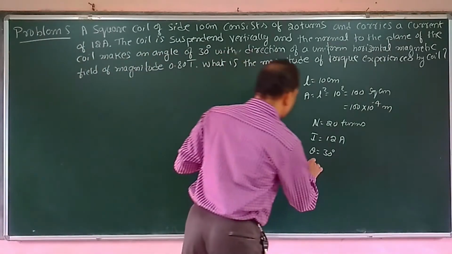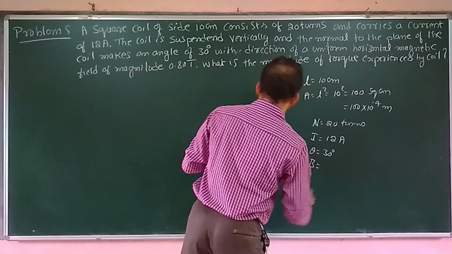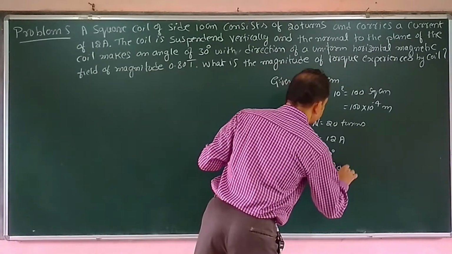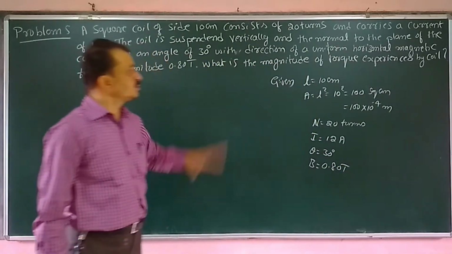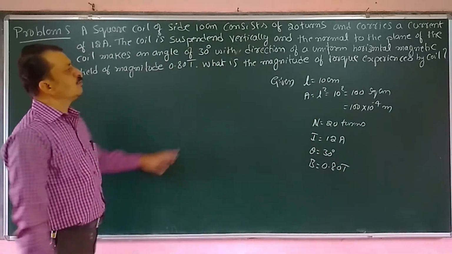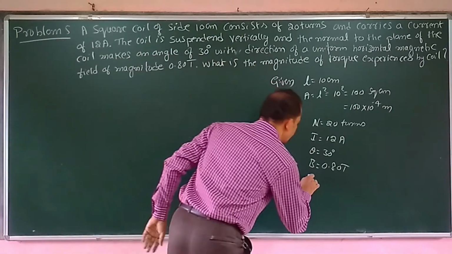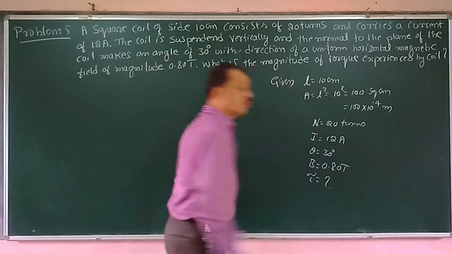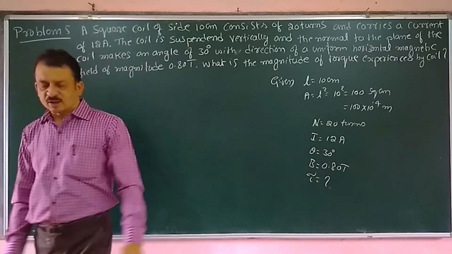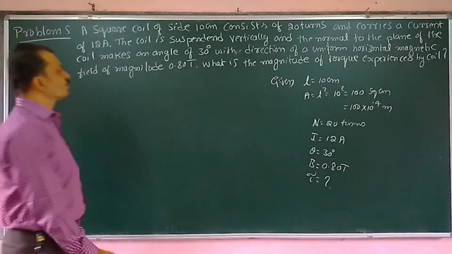Magnetic field magnitude is given, that is equal to 0.80 Tesla. Now these are the given data. Now what we are going to calculate? We have to calculate the magnitude of the torque acting on it.